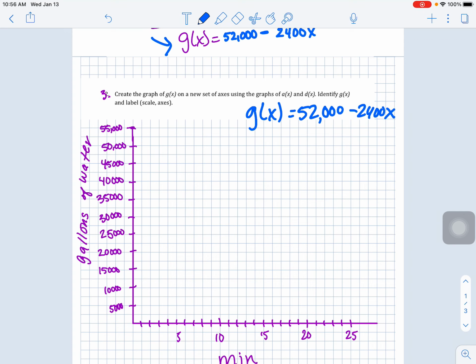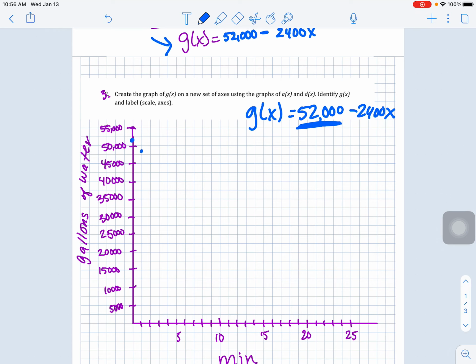You start with your y-intercept here on the y-axis, about here. Then you go down 2,400 every time you go over 1. So about here, and you keep using that slope.